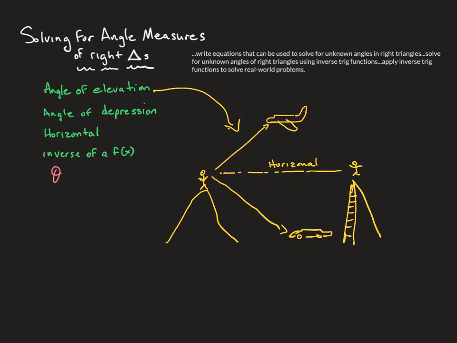Horizon, horizontal line. And then this thing right here is theta. It stands for angle measure. So just some things that we're going to look at and use as we go forward.